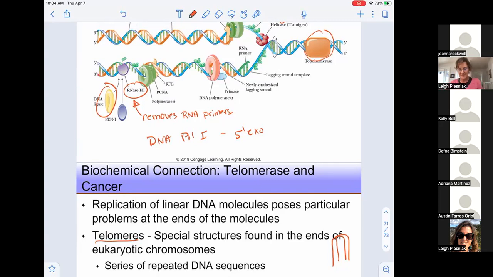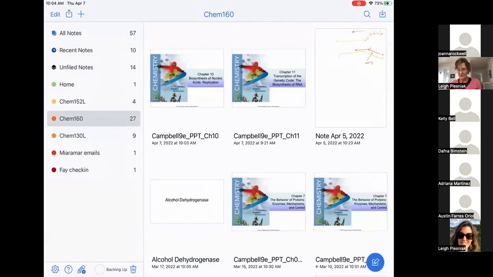I'm also looking at the homework, and it's asking about telomerases and what would happen if they were inactivated. So can you repeat again what they do when they are activated? Let me pull up what I was thinking in terms of that.